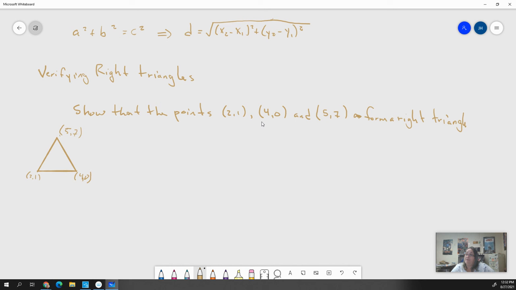So let's find the length of this side and this side and this side. And the way we do that is using these points in the distance formula, right? So we call this side 1, side 2, and side 3. If I want to find the length of side 1, I'll call it distance 1. I'm going to use these 2 points. We can call this x1, y1, this x2, y2.